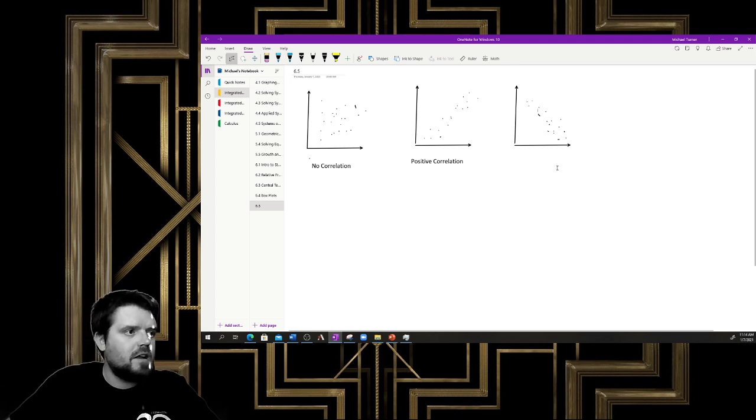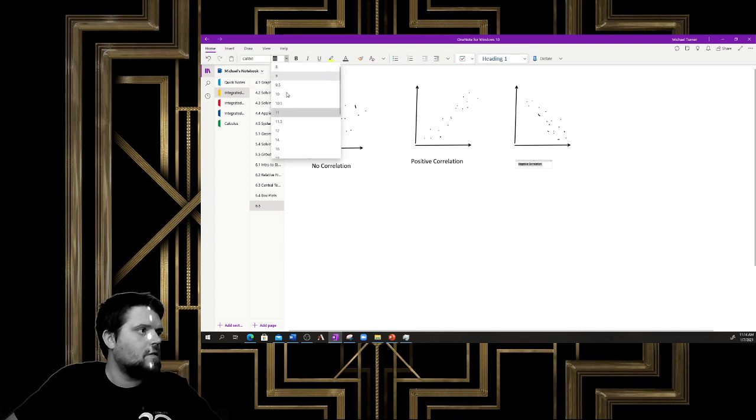So half your assignment is just being able to do that. Identify, looking at a graph, is the relationship positive, negative, or is there no correlation between the two variables? So that's half your assignment.